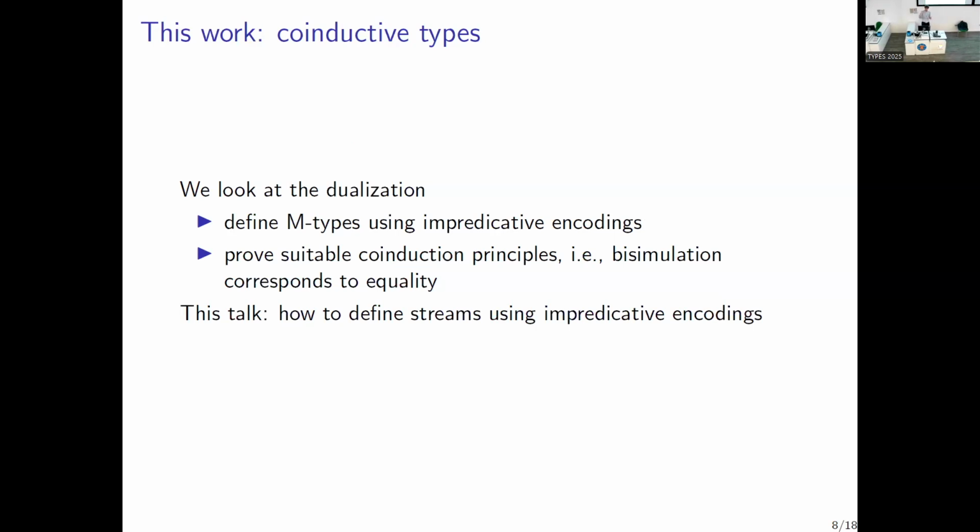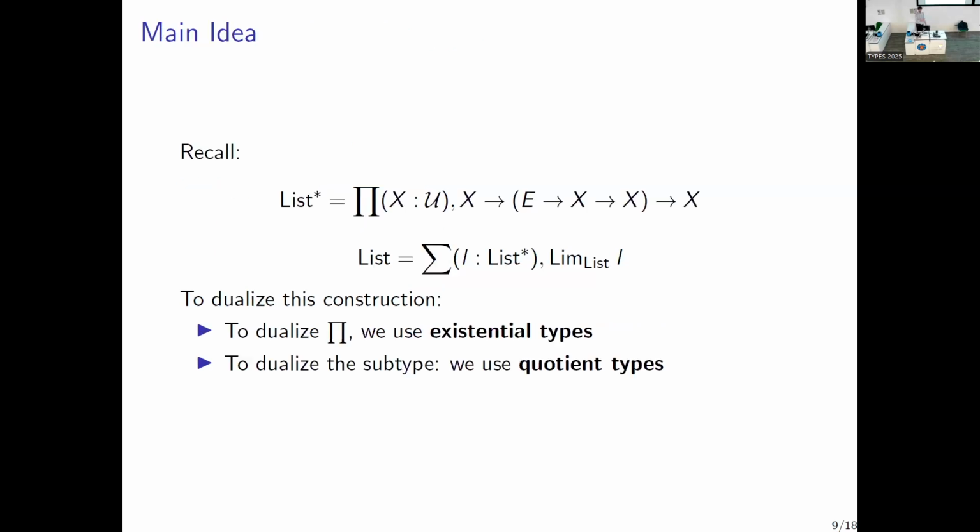But if I'm going to demonstrate how to work with M-types, that is not something you want to do on a Friday morning. So we shall just be looking at a simple example, namely streams. I will just show how you define streams using impredicative encodings. And if you want to know the M-type case, then you should read the paper and not look at this talk.